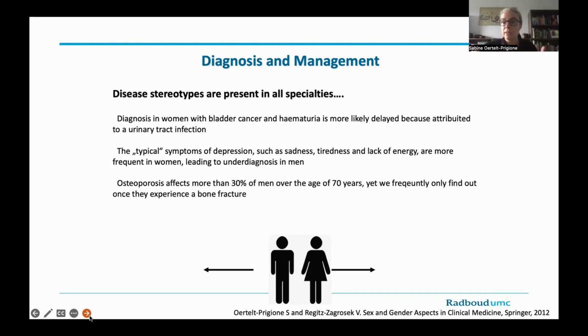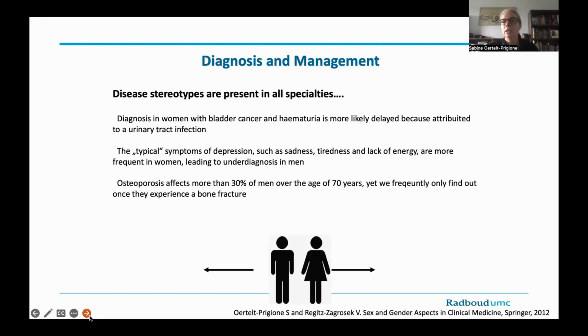When they went to the doctor saying, I see blood in my urine, the first thing that comes to mind is a urinary tract infection, which makes sense because it is the most likely thing to happen. However, if after multiple courses of antibiotics, so if you take antibiotics, nothing happens and the blood is still there, one should switch and start thinking about other possible diagnoses.